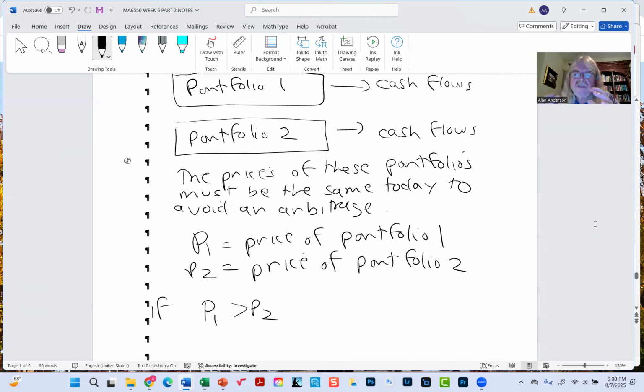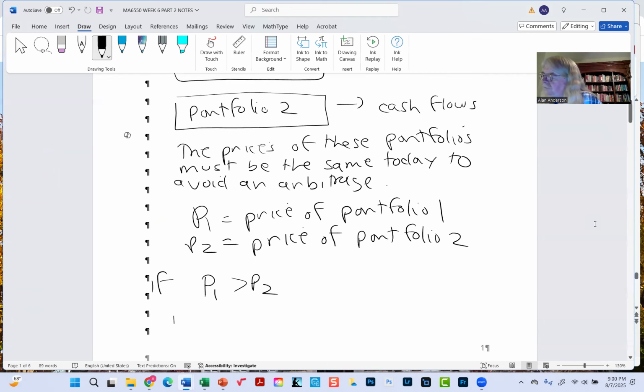You've got two sets of assets that provide the exact same cash flows in the future with the same level of risk. Then what you would do, you would buy assets in portfolio two.